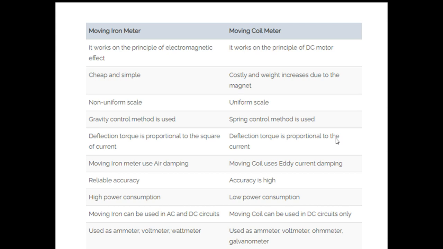Moving iron instruments consume high power. Moving coil will consume low power. Moving iron can be used for AC and DC, but moving coil is used only for DC. Very important: both meters can be used as voltmeters and ammeters.